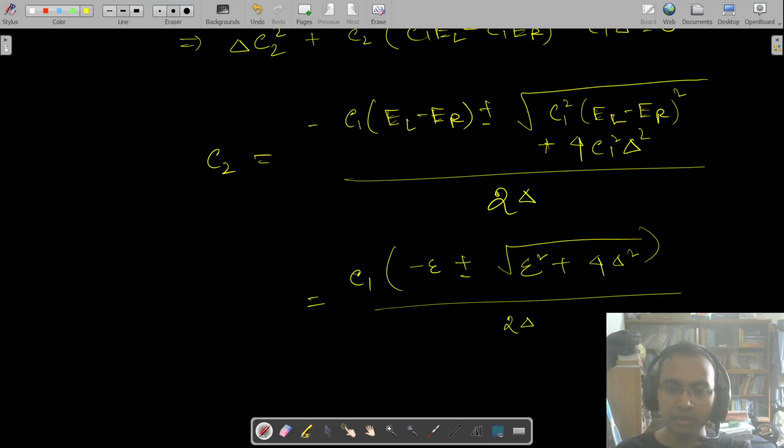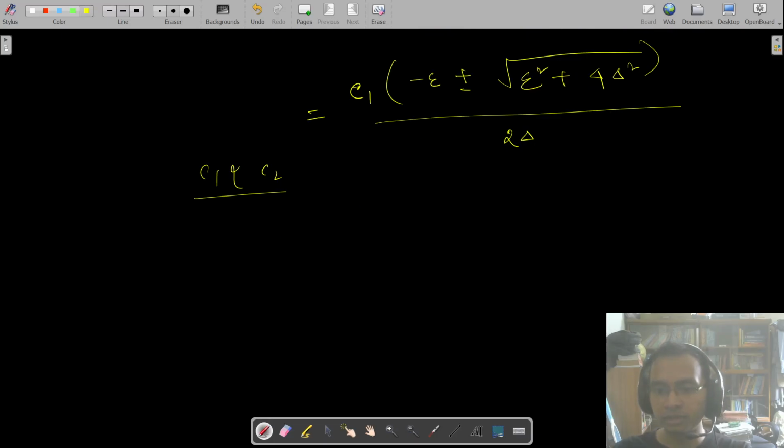We can find out the values of C1 and C2 using this equation, but for that we have to use another condition, the condition of normalization.